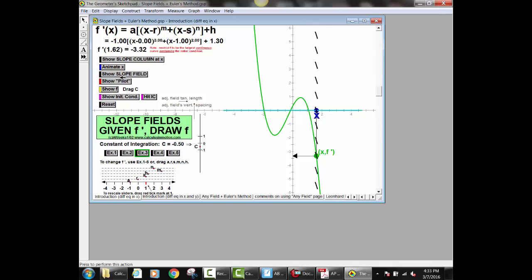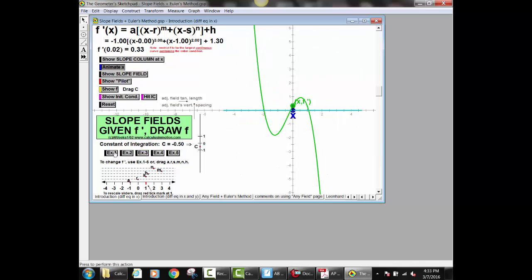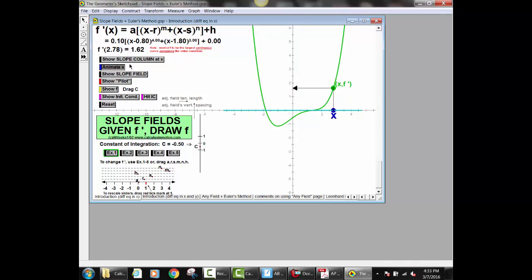And then they're going to show them to you as the x's go around. You see that? Show the slope field. All right, just to get a visual, reset, go with the first one.